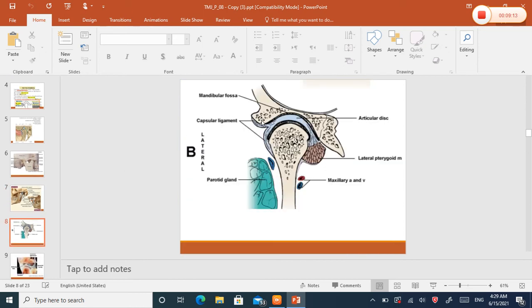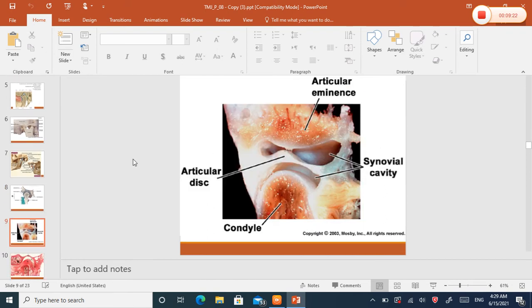Here the diagram shows the articular disc, mandibular fossa and the condylar bone. The articular disc is very clear here in this section, or what we call meniscus. It is a tough fibrous disc, also known as interarticular disc or interarticular fibrocartilage.